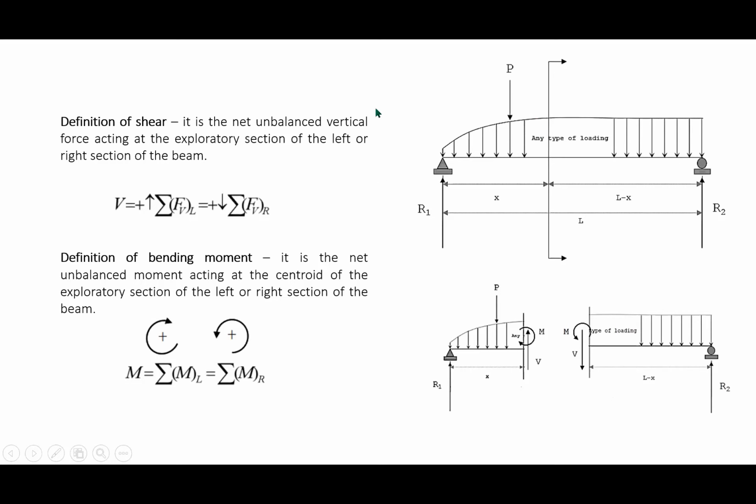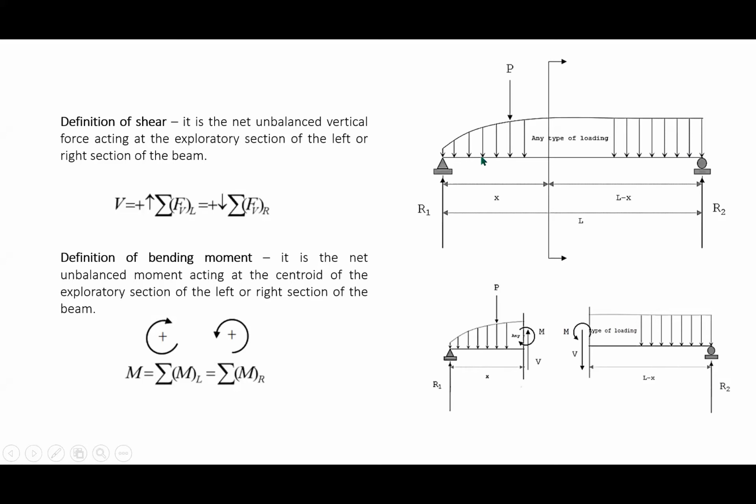Ibig sabihin, the summation of forces vertical, kapag i-add natin lahat ng forces downward and lahat ng forces upward, they should be equal to 0. So all throughout the beam, that should always be the case.